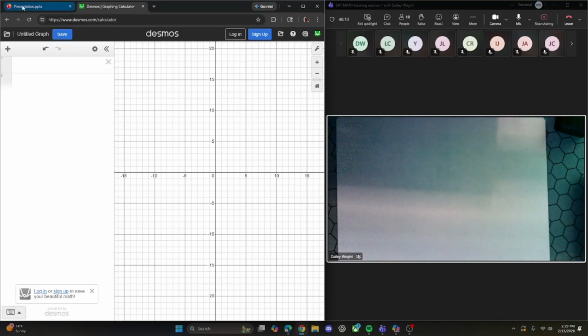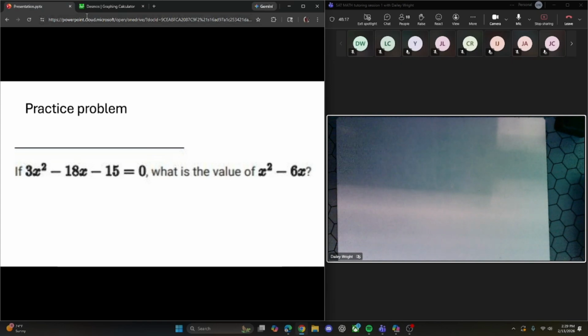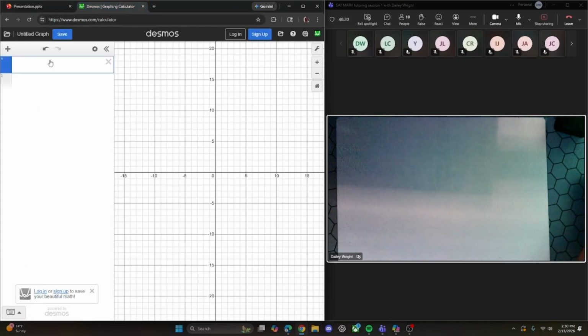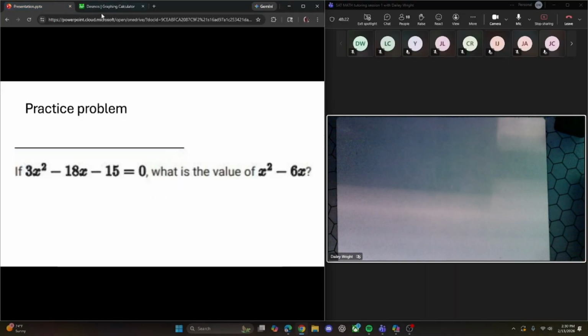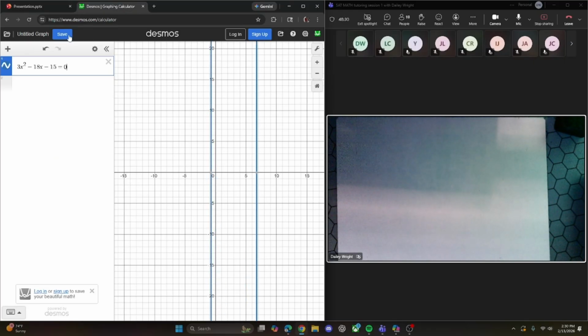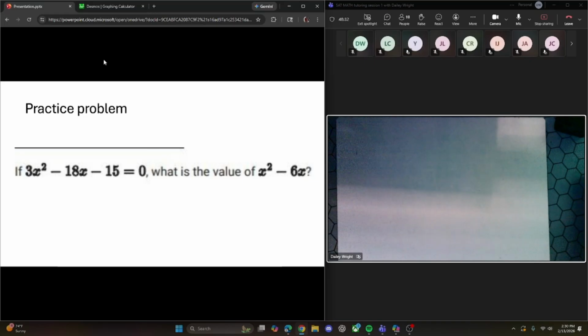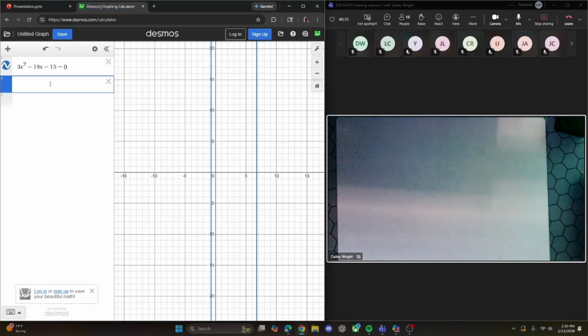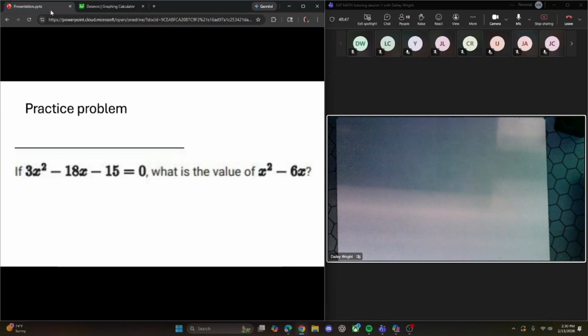So once we plug this in, we'll be able to find the solution, which is what x equals when y equals 0. 3x squared minus 18x minus 15. x squared minus 6. I'll type that in a second. Did I type this in right?